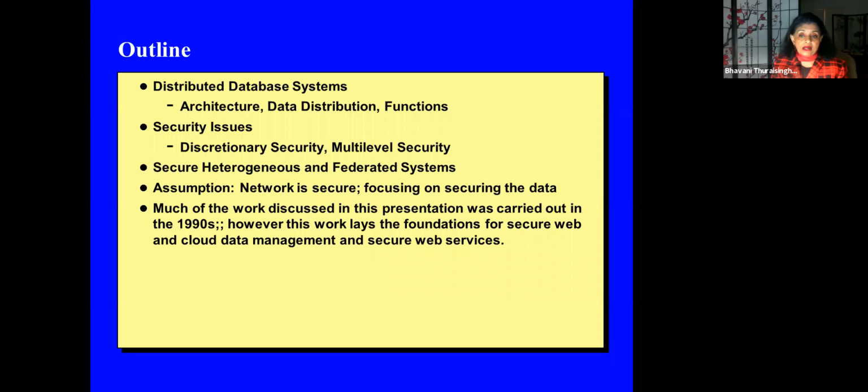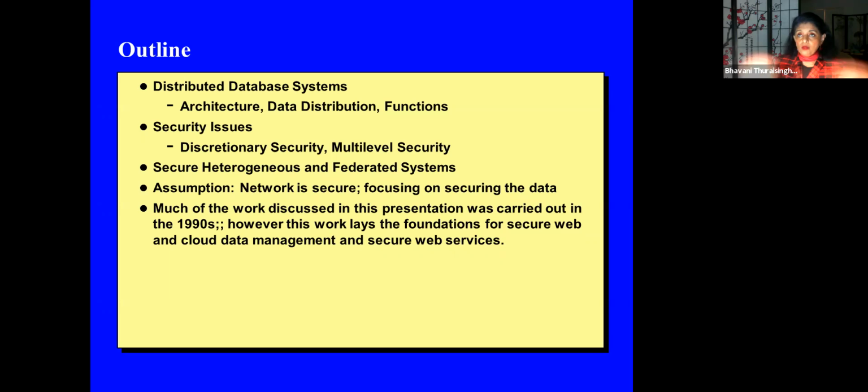Then I'll talk about some security issues, in particular discretionary security and multi-level security. And then I will extend distributed databases to heterogeneous and federated database systems, and in particular security for heterogeneous and federated database systems. And my assumption is that the network is secure, right?